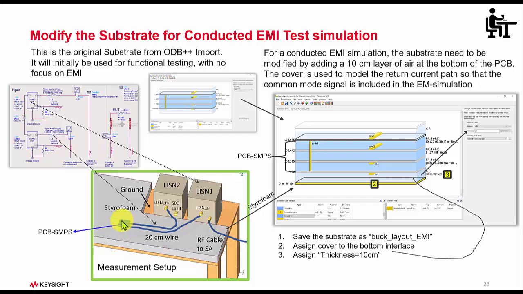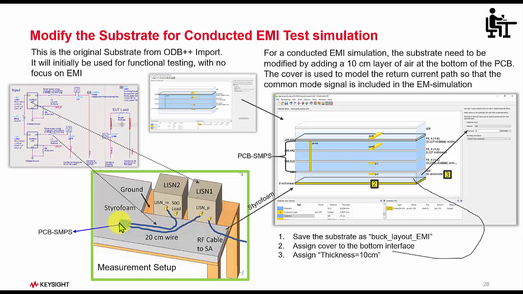According to CISPR, the distance between the PCB and the common ground must be 10 cm. To keep this distance constant, the styrofoam is used. To model this in simulation, we just add here an air layer of 10 cm. Additionally, we will add a conductor and cover at the bottom of the substrate to model the common ground on the table.